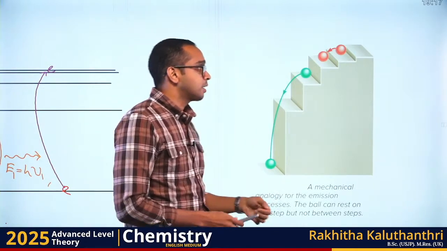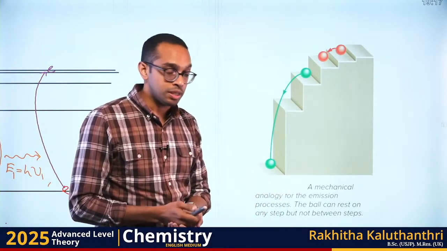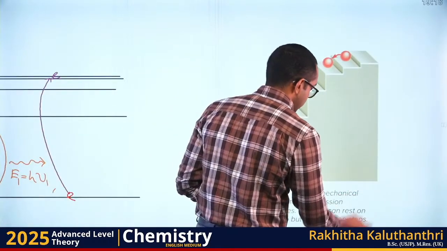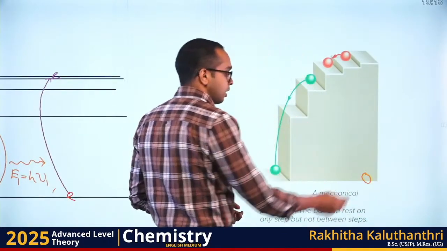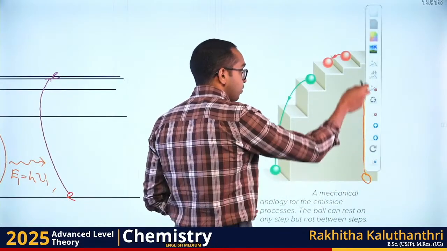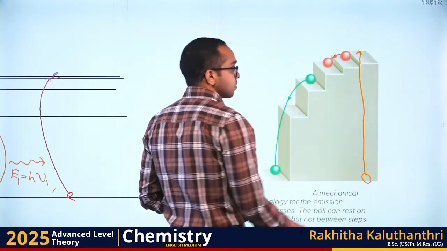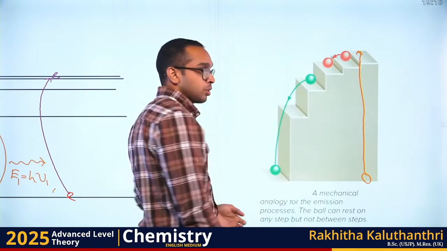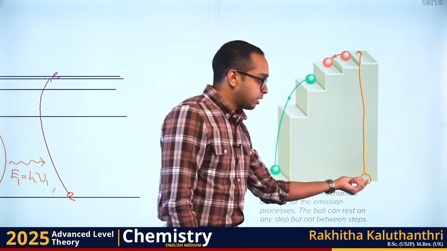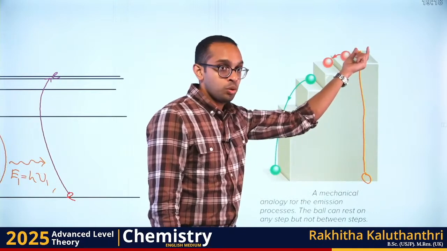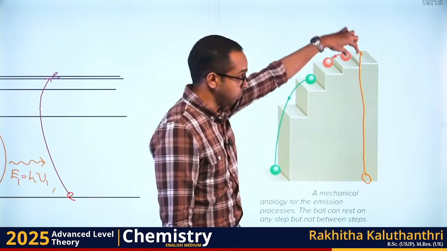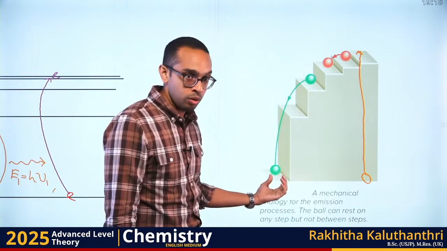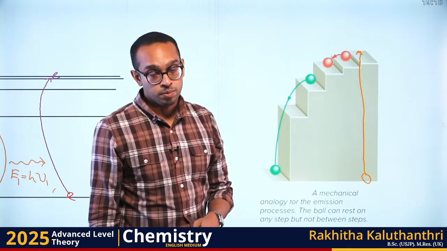However, the absorbed amount of energy, for example, imagine you had a ball here. Think about the potential energy. If you had to bring this ball all the way up over here, and then if you allow it to come down to the bottom again, the potential energy that you stored in the ball when you took it up is completely released when you bring it down all the way to the bottom again, right?